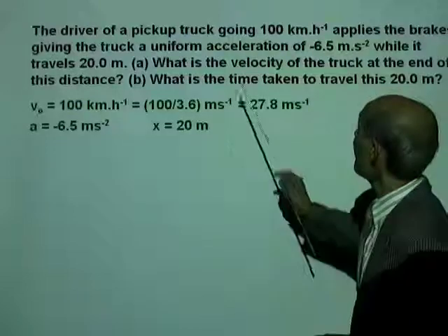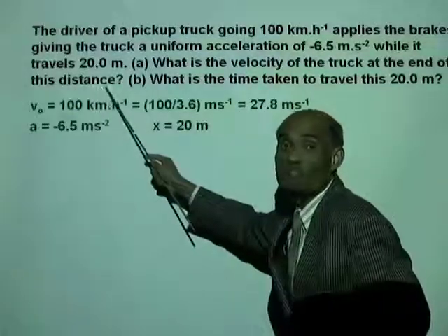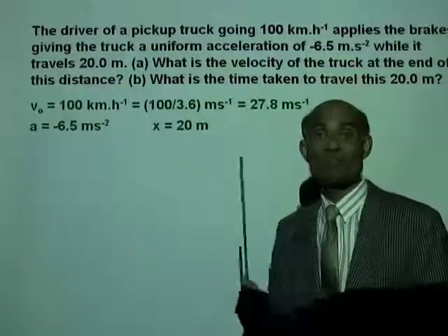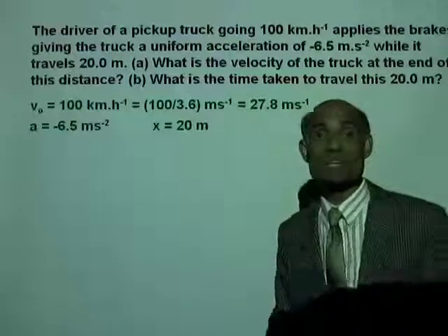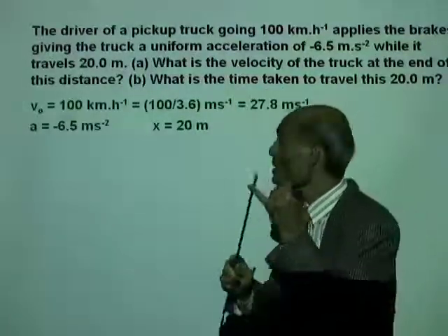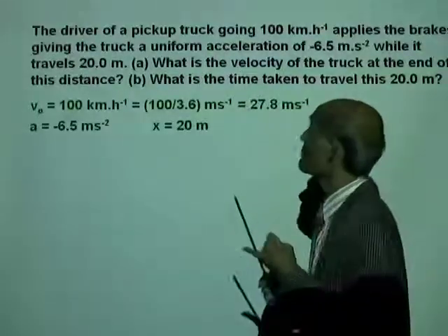What do we need? What is the velocity of the truck at the end of this distance? Well, which of the equations will you use here? If you look at this, we are looking for the final velocity, isn't it? What is the velocity at the end of this?